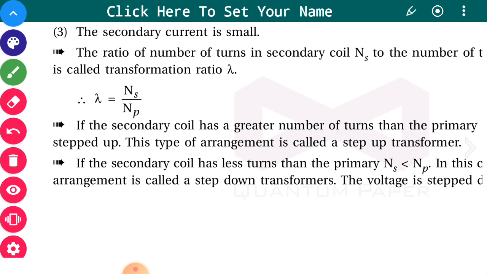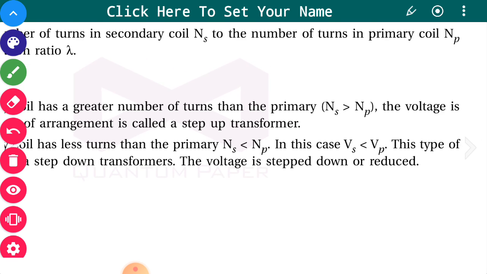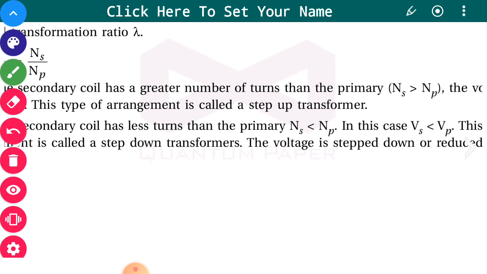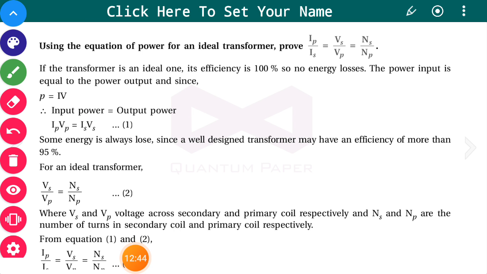And if the secondary coil has fewer turns than the primary, then the voltage in the secondary will be less than the voltage in the primary, so the output voltage will be less. It is a step down transformer, or the arrangement is called a step down transformer. The voltage is stepped down, or we can say reduced.